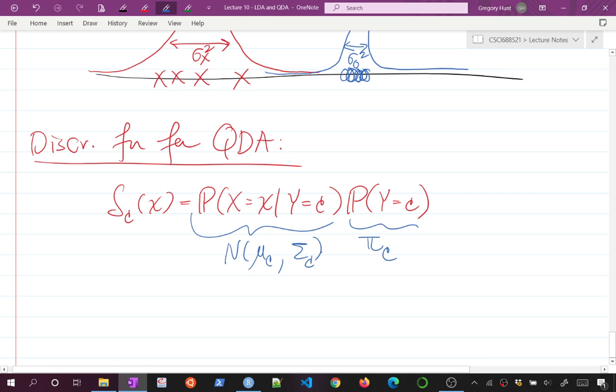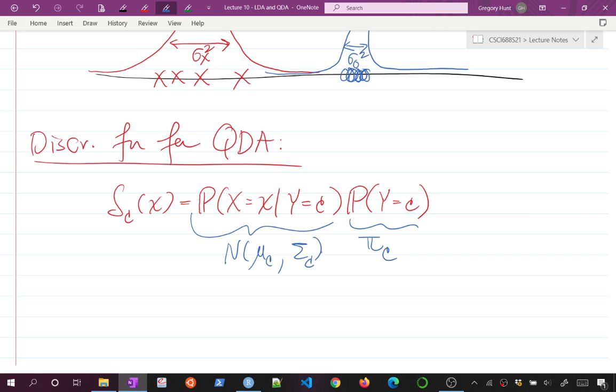So what this means is that the fact that we had equal covariances or equal variances among the groups was leading to the linearity of the classifier. That's what made that linear, at least in that case. And when we relax that assumption, we lose that linearity.